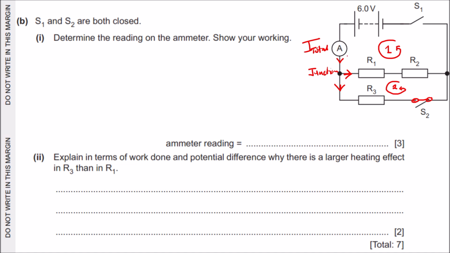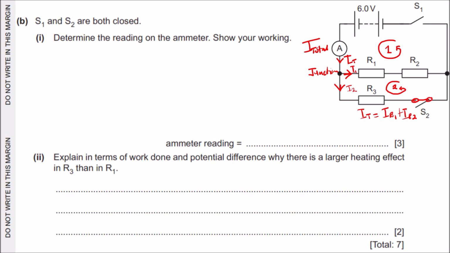In other words, the total current passing through the ammeter will divide into branch 1, so we have current 1, and branch 2, so we have current 2. So we can safely say total current is equal to current through branch 1 plus current through branch 2. That's the first thing we need to note.